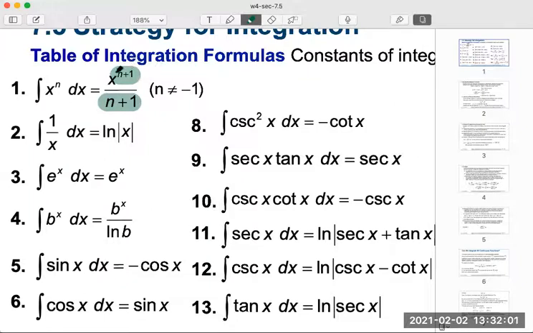The power of x here will be in the denominator. And remember, n is not -1. Because when n is -1, we have this formula, which is the natural log of the absolute value of x.